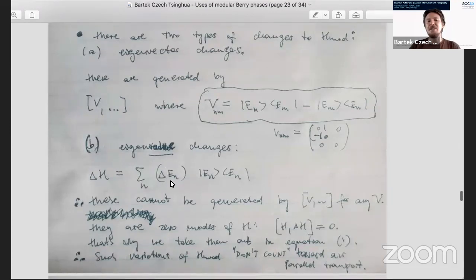They have to satisfy an overall condition such that the trace of e to the negative H has to be equal to 1. But within that scope, we have some freedom of readjusting these eigenvalues. And so this is another type of change we can have.